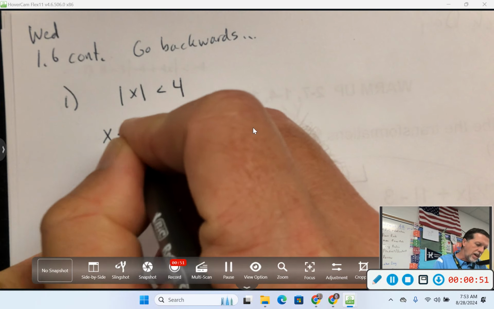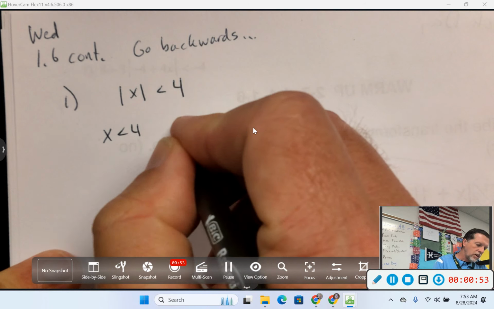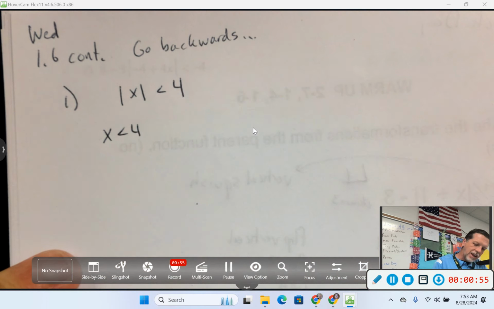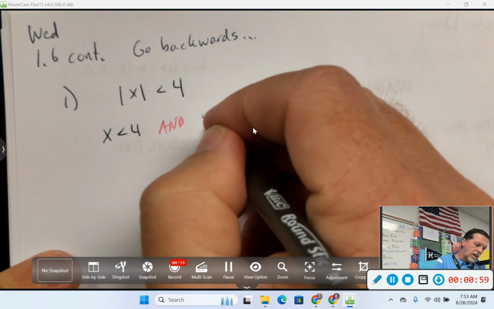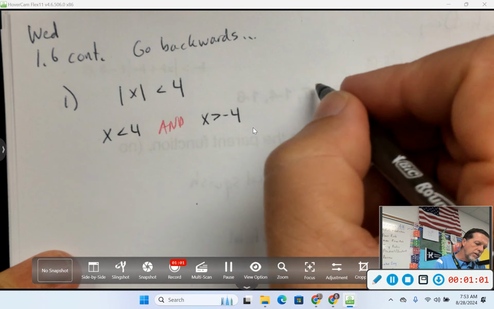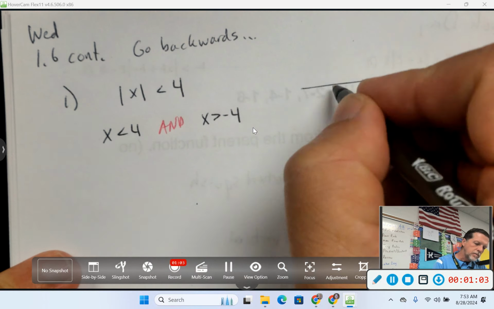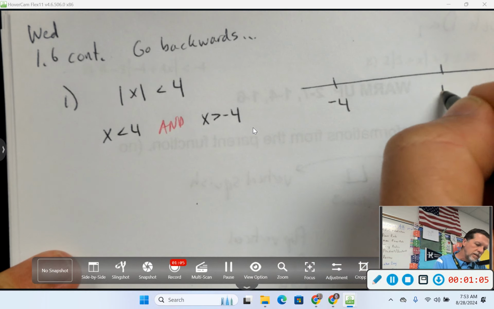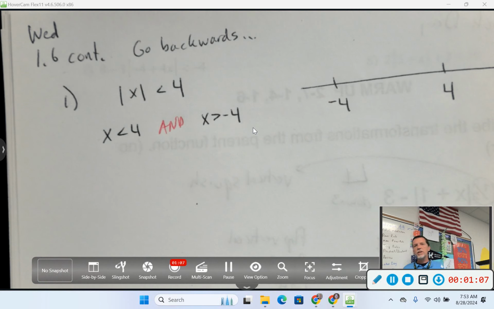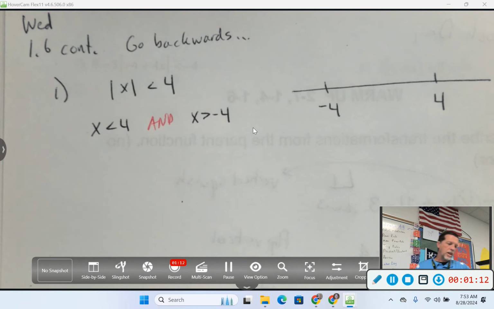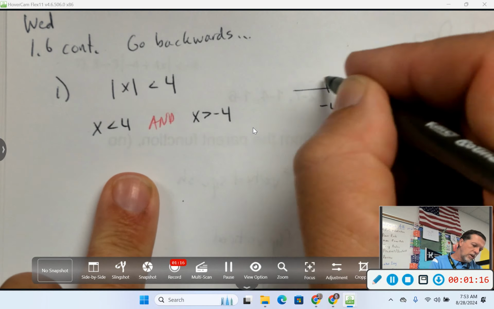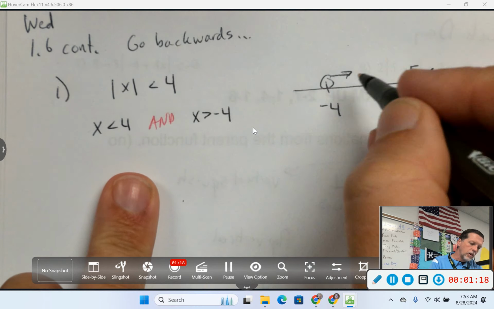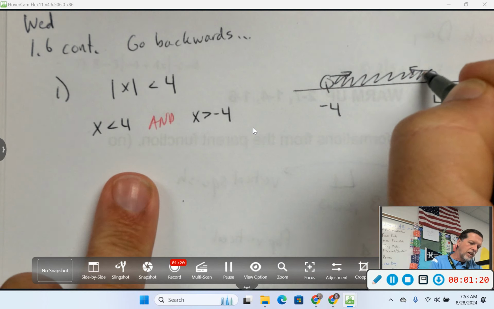So that means x is less than 4, and, because less than is "and," x is greater than negative 4. I'm not going to do the colored highlighter overlap thing again. You can if you need to, but I want all the values that are less than 4 and greater than negative 4. So that's just everything in between there.